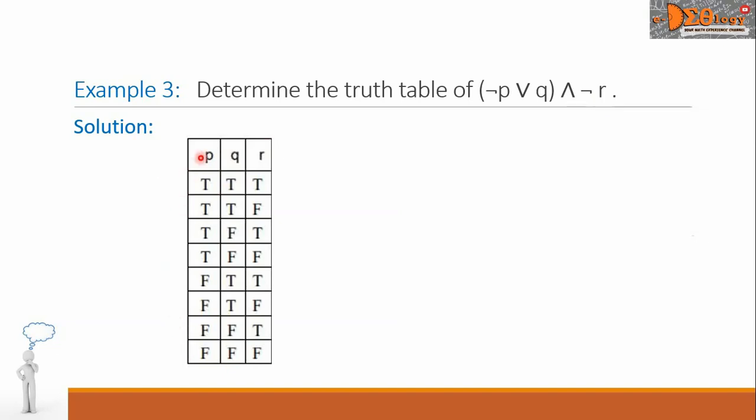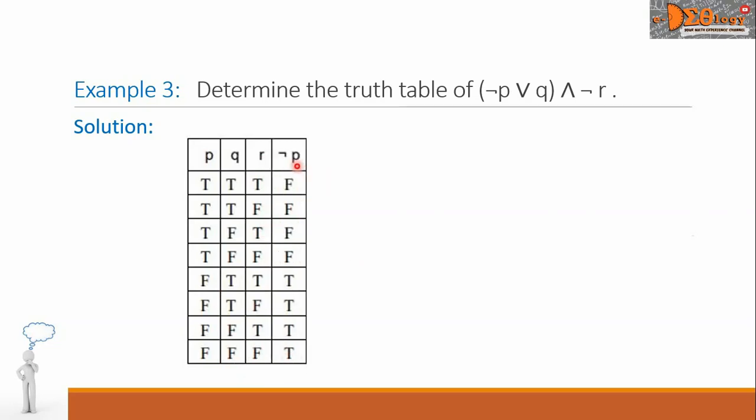For the P, we write the first 4 rows to be true, the last 4 rows to be false. For the Q, we have the first 2 rows to be true, second 2 rows to be false, and we follow the same pattern on the last 4 rows. For the R, we write the alternating true, false, and so on.